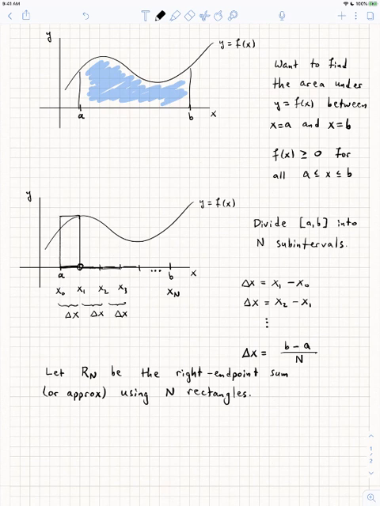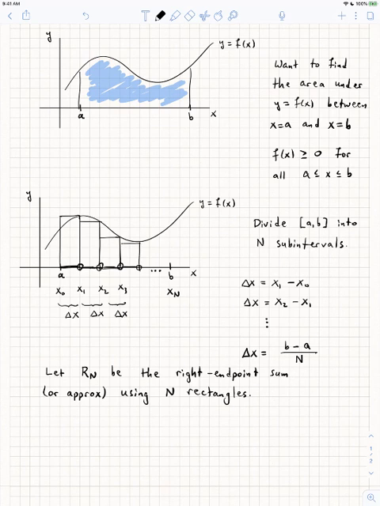Then from x1 to x2, the right endpoint is x2. So again, I just go straight to the curve, and however high that is gives me the height of the rectangle, and so on. Between x2 and x3, I choose the right endpoint, x3. The height of the rectangle is determined by the distance up to the curve, and that gives me my third rectangle. And I keep going like this until I run out.